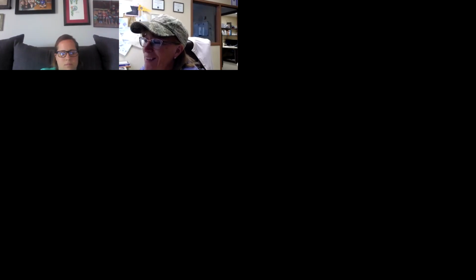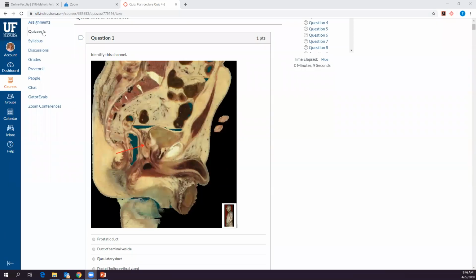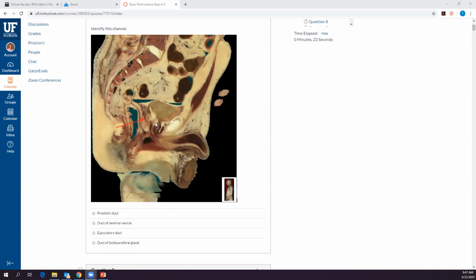Okay, so this is a sagittal section, and this will be good for us to take a look at. Does anybody have any ideas? I'll just give you a little hint.